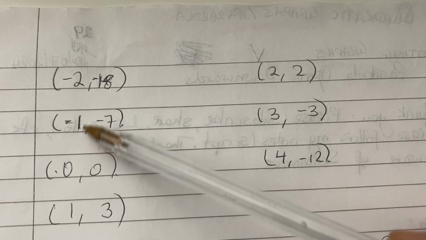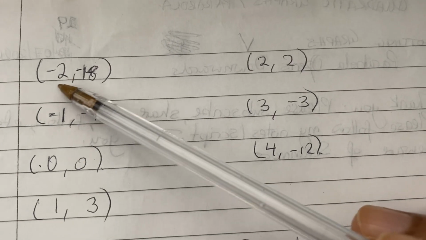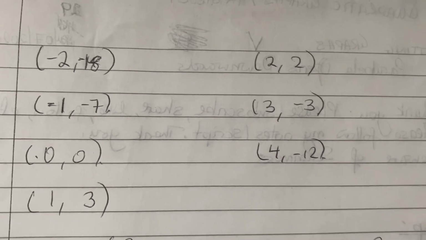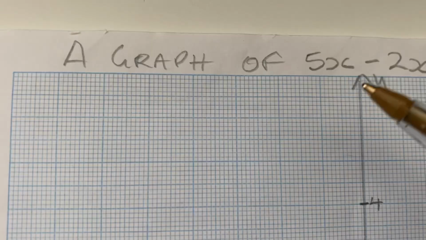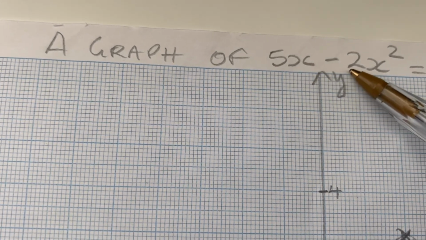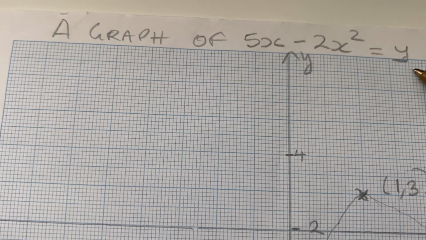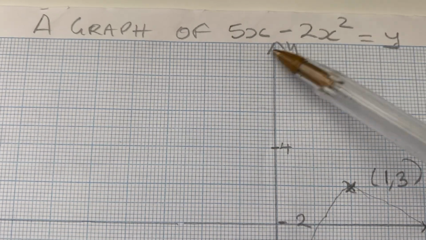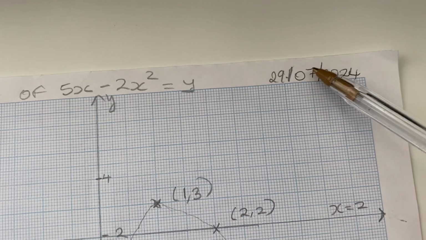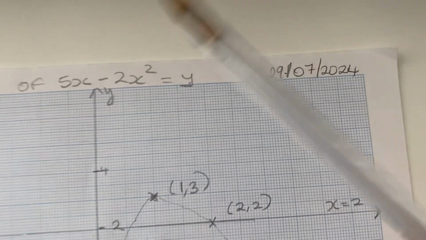So these are the coordinates, -2, -18. Normally in the exam they will give you the grid, then you have to fill it. So a graph of y equals 5x minus 2x squared. That is just the title for reference.